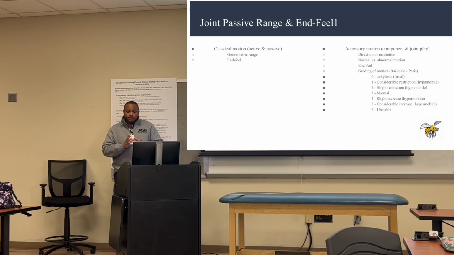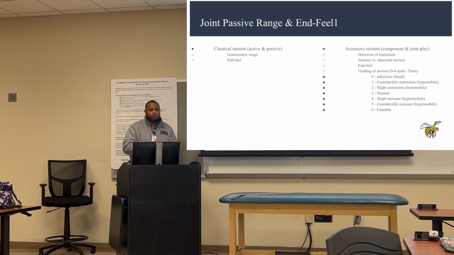When we look at accessory motion, we're talking about component motion and joint play motion. When we perform accessory motion, is it more so for examination purposes or treatment purposes?